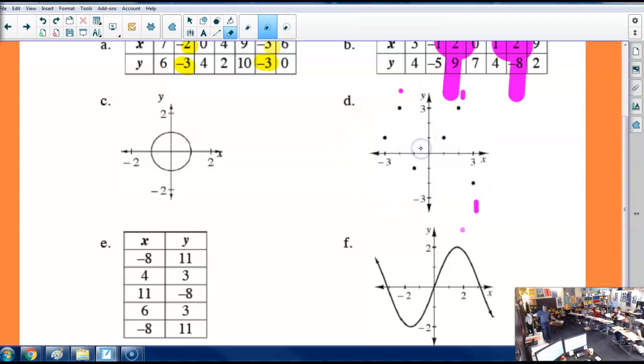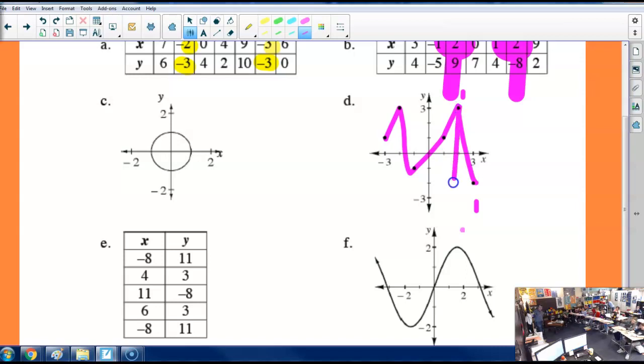This looks gross. If I connect these lines, it's an earthquake. Yeah, but that's not what we're asking. What we're asking is, is it a function? Yes, it is. You actually can't connect any of them with a vertical line.